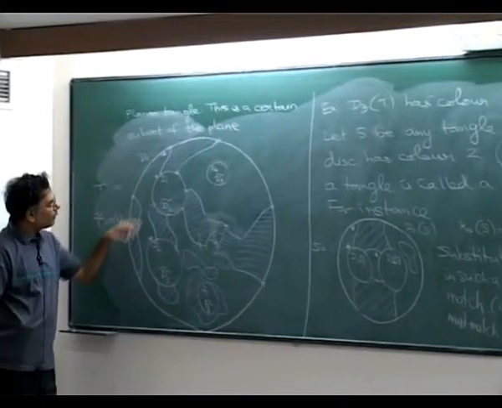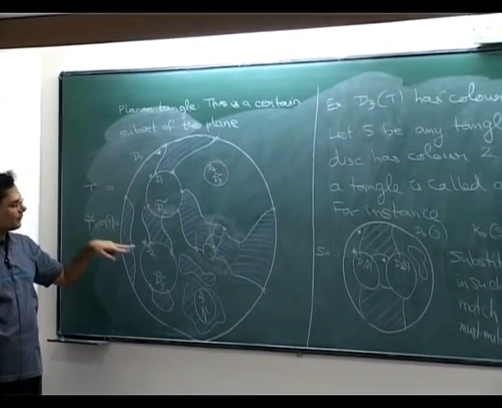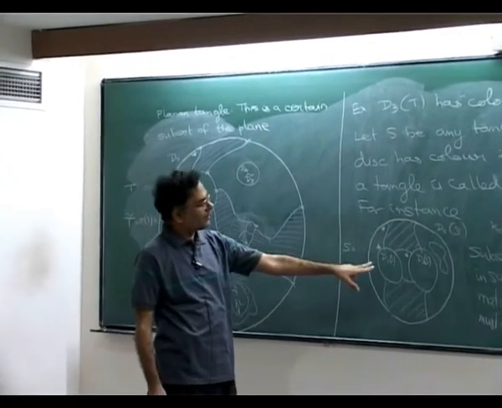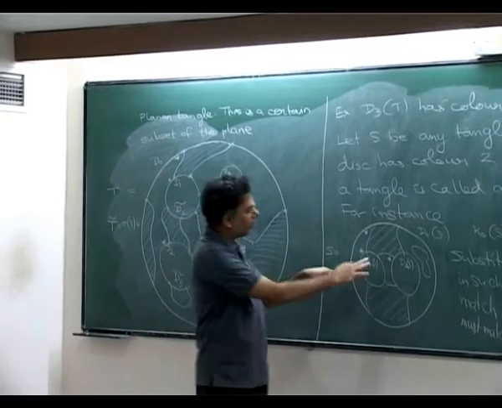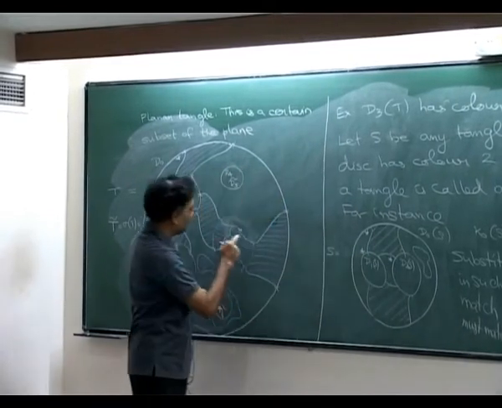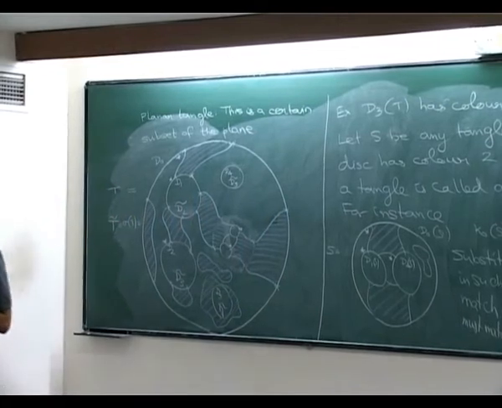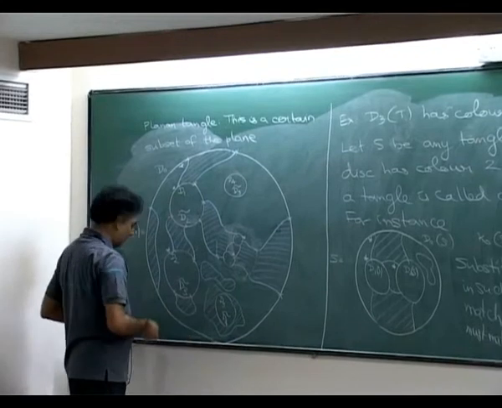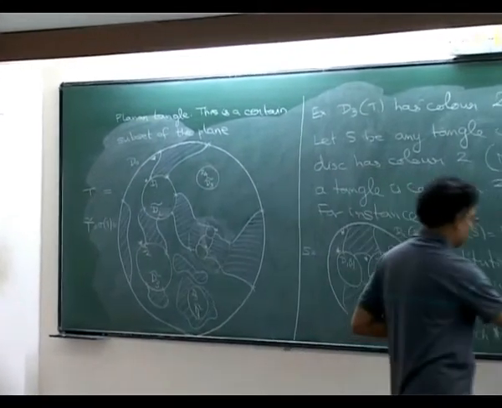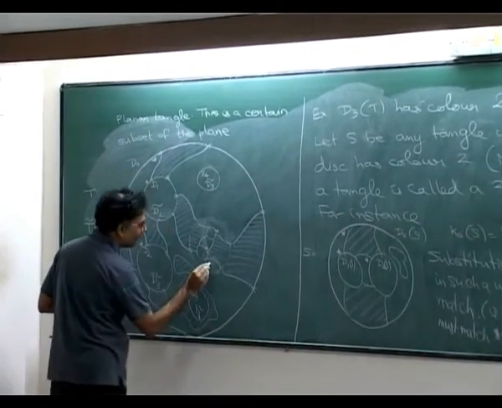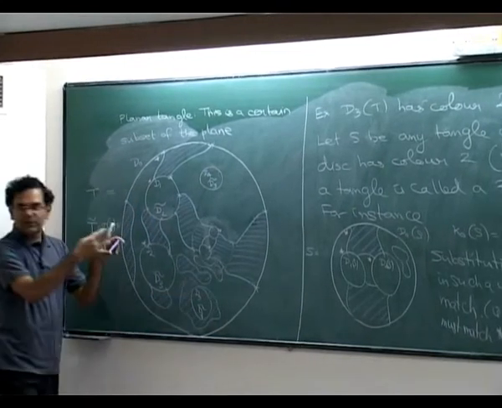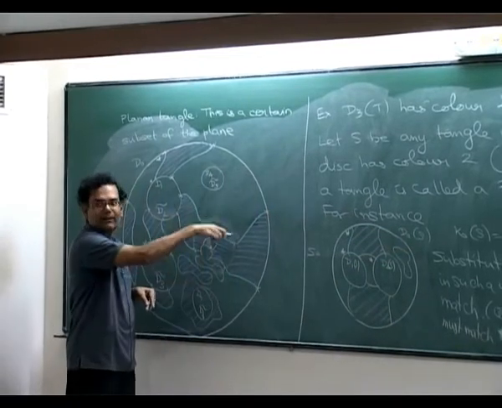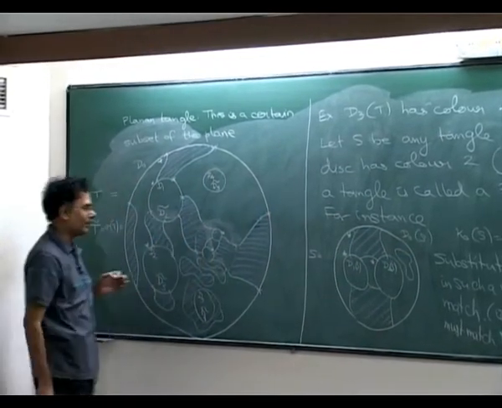What we did was we had the first disk of T, the second disk of T, and then the third disk of T. In the third disk of T, I substituted this tangle S, which had 2 disks. This was D1 and this was D2. That is the floating loop you missed out. Yes, this floating loop will go down there when I turn it over here. If I had substituted the other way, if I had rotated this like this and substituted, the floating loop would have gone somewhere on top there. That would have given a different picture.